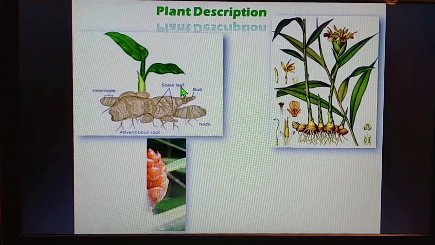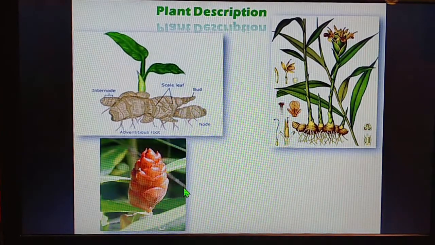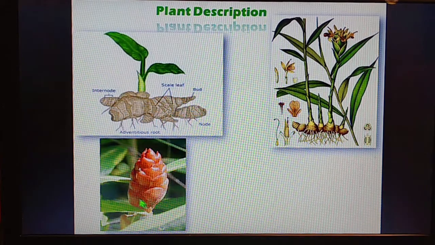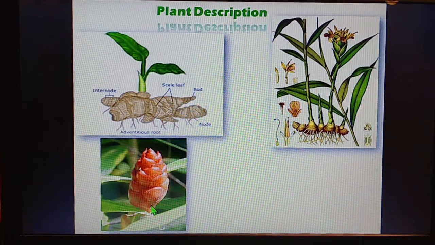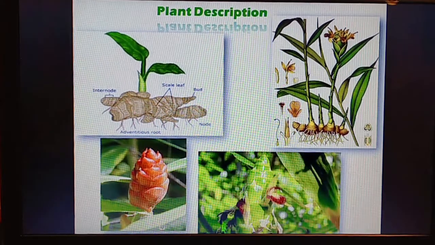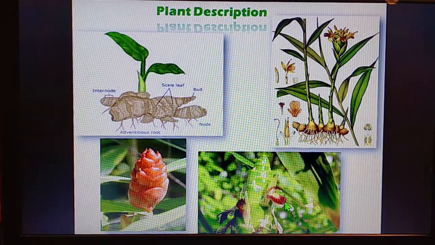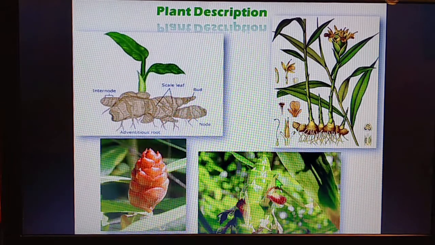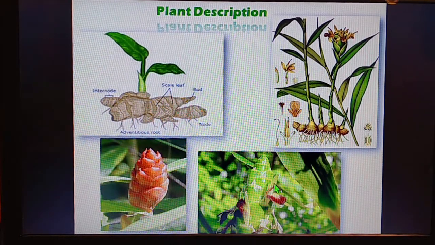And here we have the inflorescence. The inflorescence is a compact spike, and the flowers are bisexual. They are also irregular and are subtended by persistent bracts.